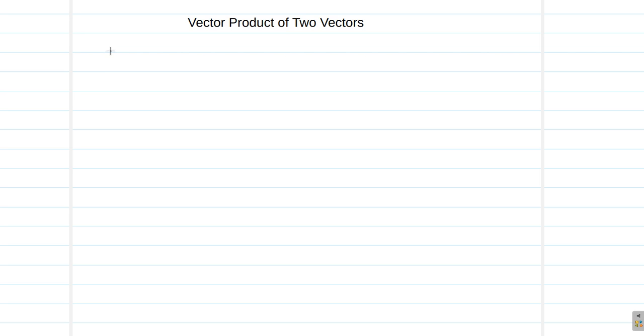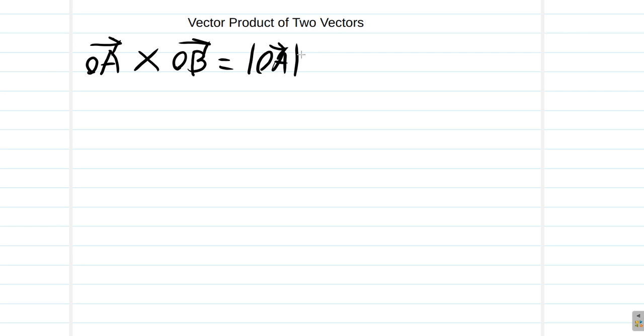In this case, if you have vector A, call it OA, the vector product or the cross product of OA and OB would be the magnitude of OA times the magnitude of OB. Now, in this case, it is sine of the angle between them. Alright?